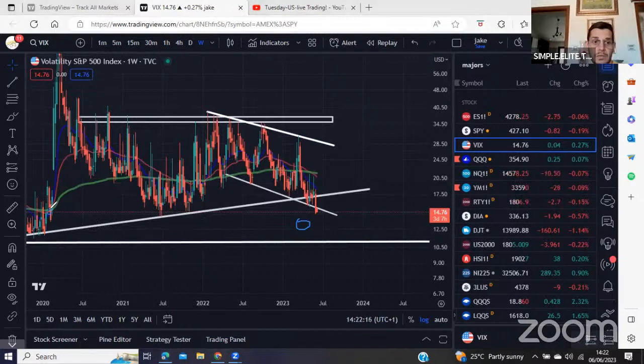Previously this was a support level and price just shot up. Every time it touches the support, price tries to get higher. So if this one starts to get higher, we benefit the short term on the US indices short. That is why I prefer to be short term on the US indices.